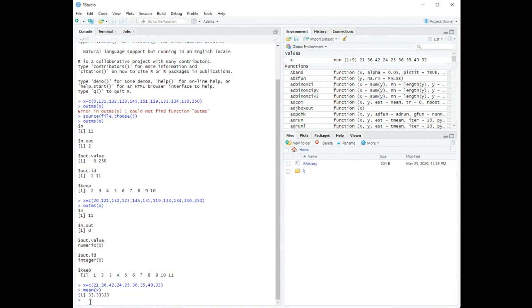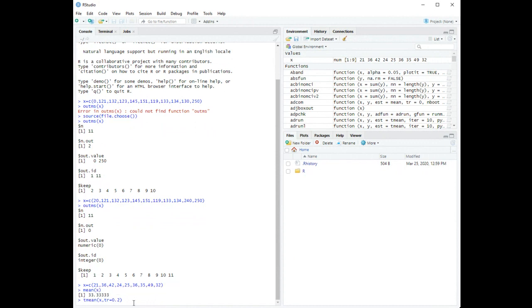That should give us 33.33, so that's correct. Then it's asking us to do the 20% trimmed mean. So it's, I believe, tmean(x), just the way the formula is. We're going to do 20%. You can actually change this to any percentage, but we're doing 20% here.